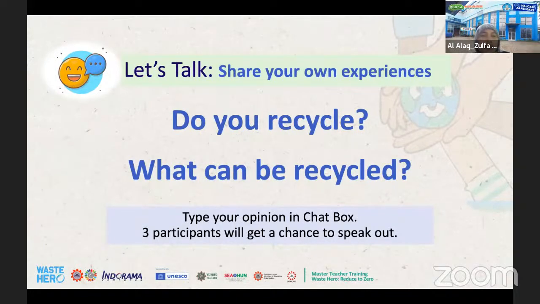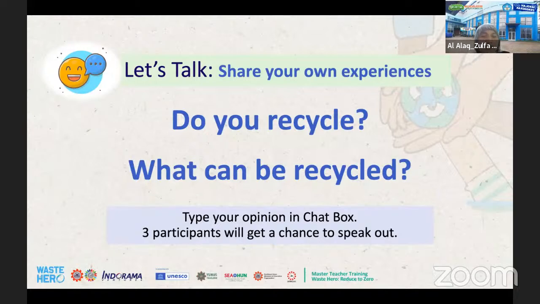We start to make something more convenient to be reused, such as a place for markers for the teacher, for the whiteboard, from the bottle, and something else related to that. But sometimes we run out of ideas of how to make it. So I would love to have ideas from your website. Thank you so much.